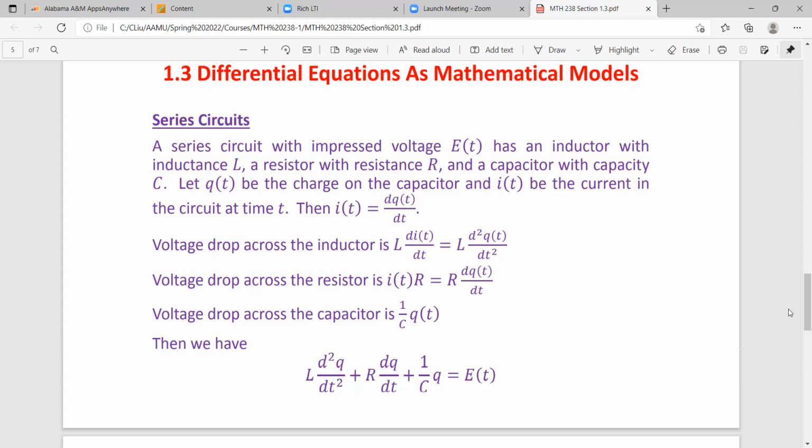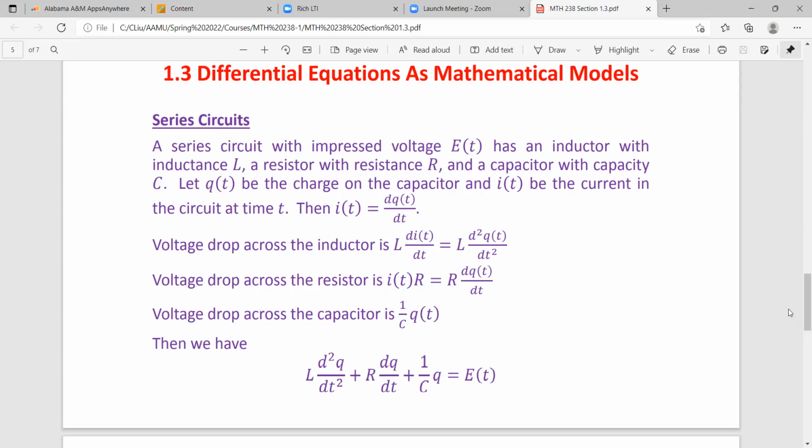So the current in the loop is the same, okay? So suppose there's a series circuit with impressed voltage E of T. Okay, so that's the power. You might get AC power, so the voltage will change with time.